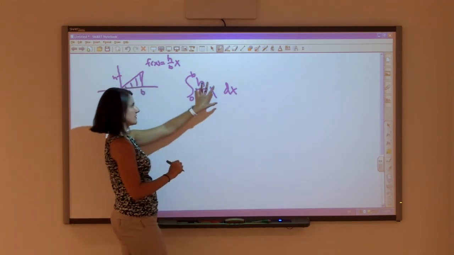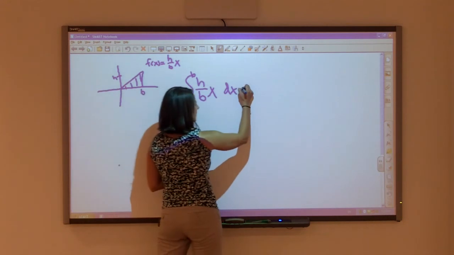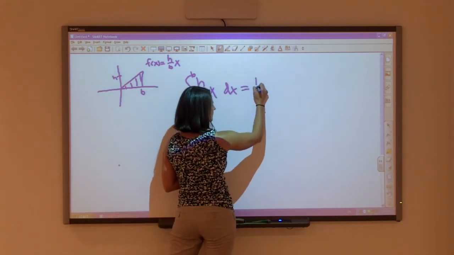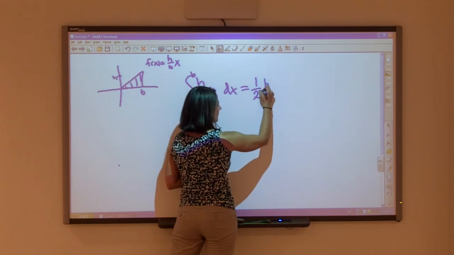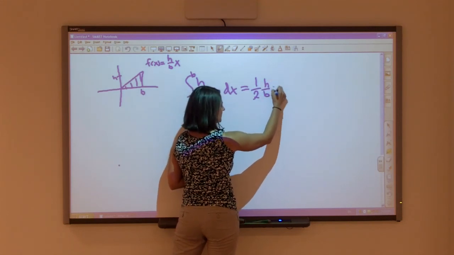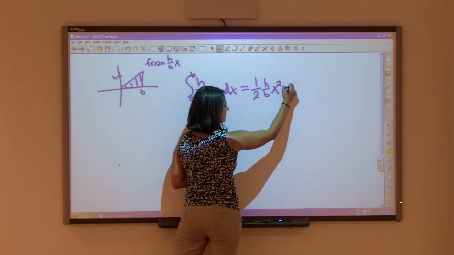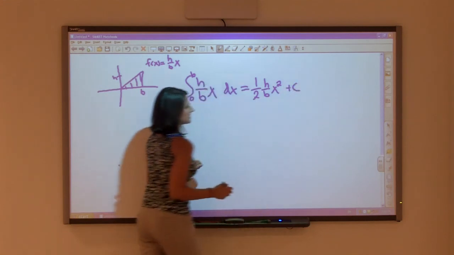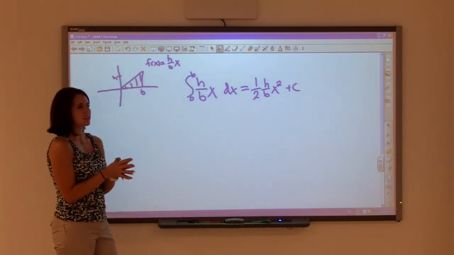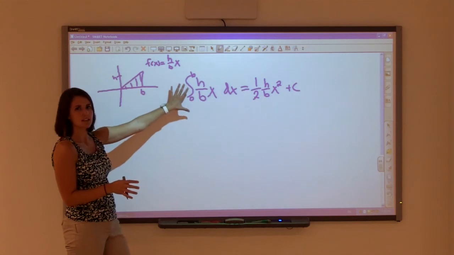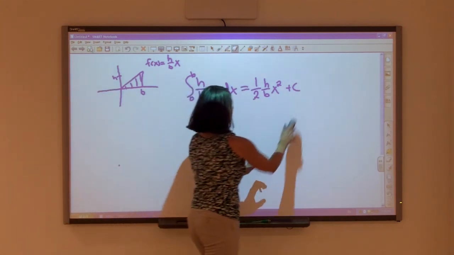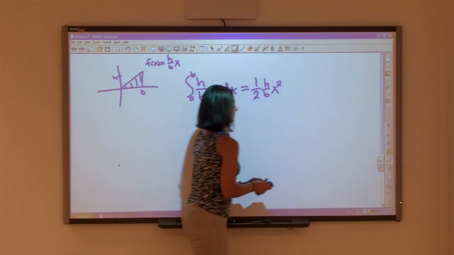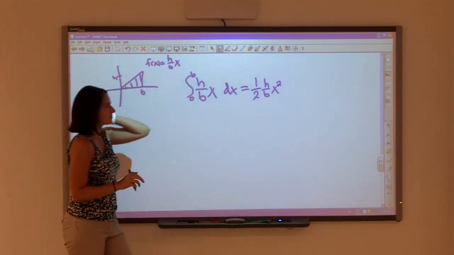So first, the antiderivative of this portion is going to be, as we've learned, 1/2 times h over b times x squared plus your constant. Now, what you probably should get in the habit of is when you see these limits on the integral, you don't need this constant because it's always going to cancel out. Okay?